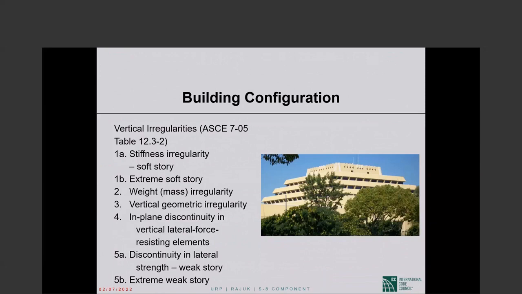But anyway, so there is horizontal irregularity. Initially, you used to call them plane irregularity, and then there is vertical irregularity. Okay?